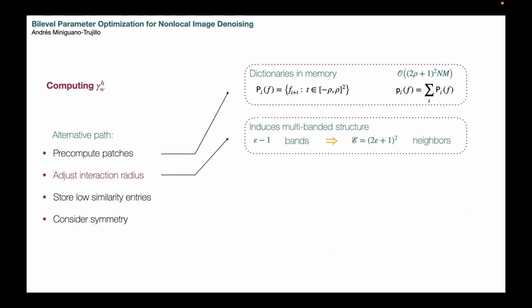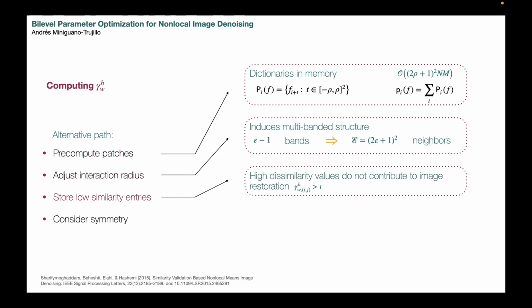We can also adjust the interaction radius such that not every pixel is a neighbor of every other, just some bands of pixels. We will store just entries that have low dissimilarity, since we have this interpretation of the kernel as a dissimilarity measure, and high dissimilarity values would not contribute at all to the reconstruction.